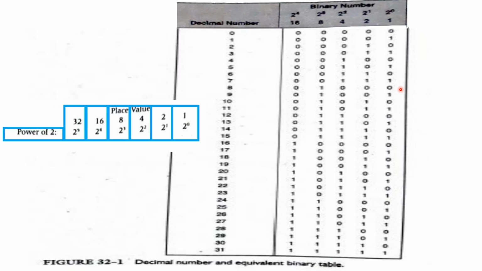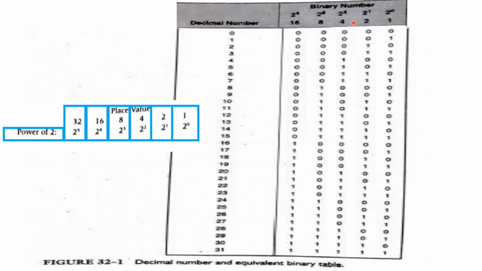Okay? Because 2 raised to the zero power is 1. So it's alternate 0, 1, 0, 1, 0, 1. For the second place value, since 2 raised to the first power is 2, so 2 zeros, 2 ones, 2 zeros, and so on.